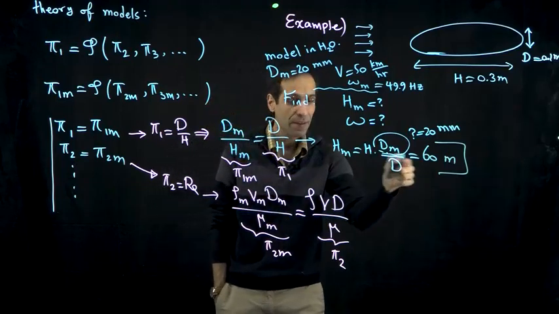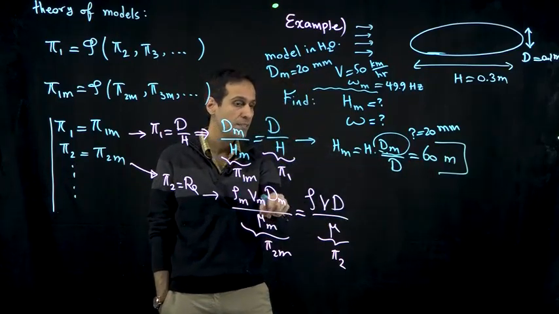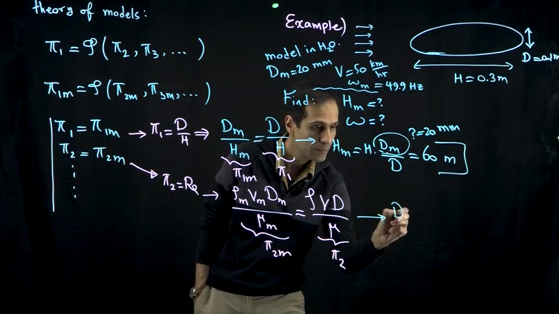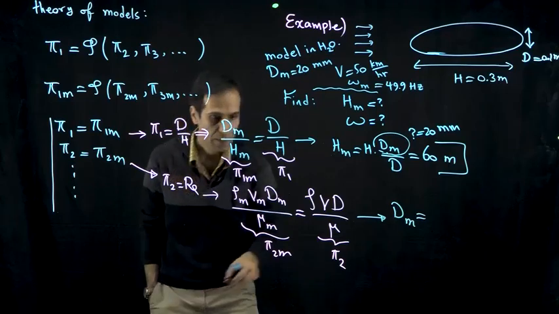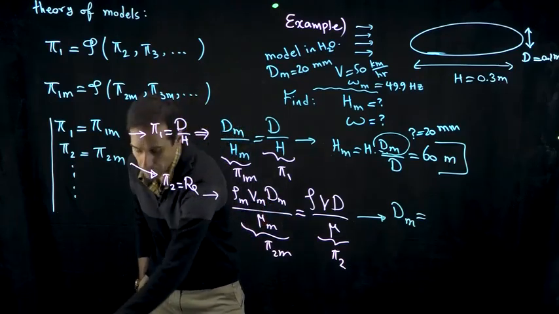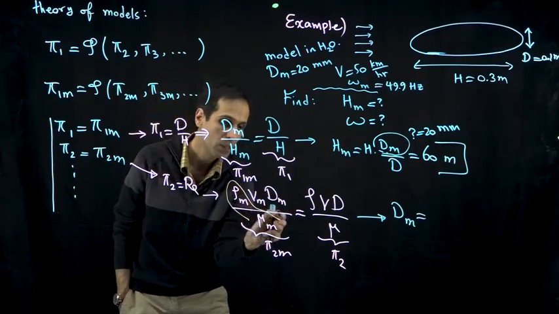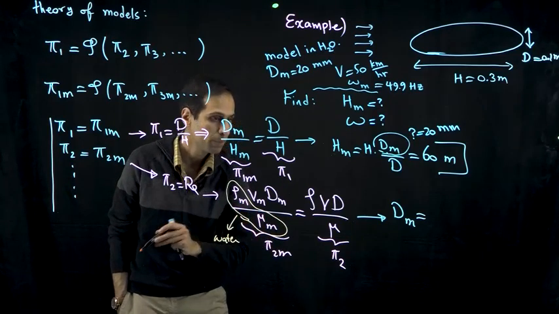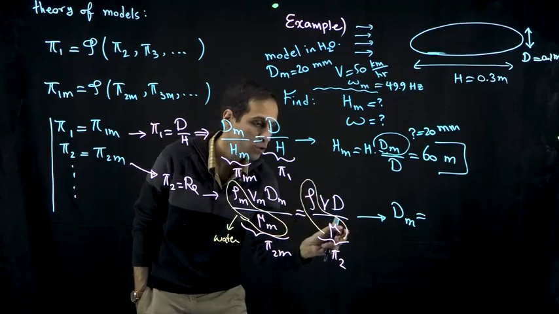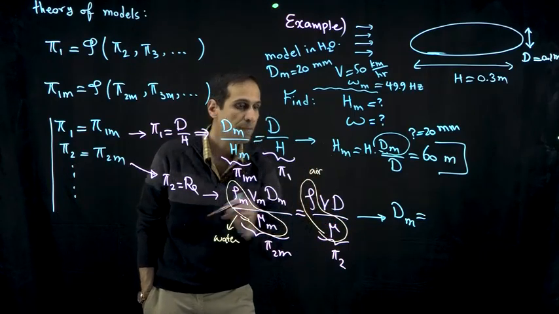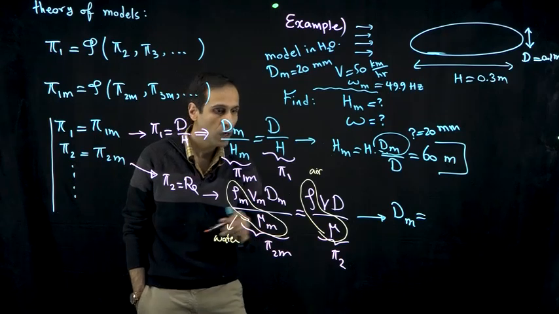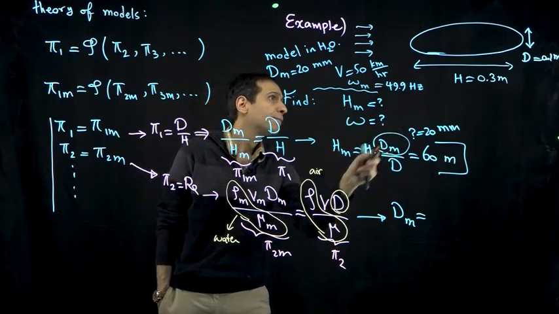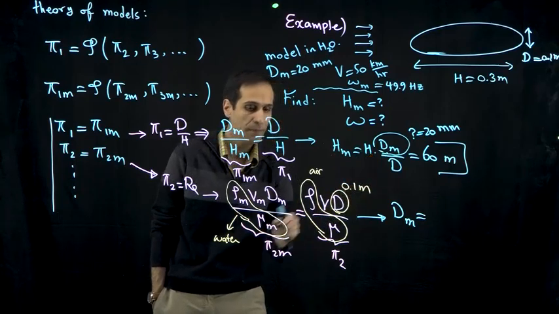And then when I have h of model, I can use this equation to solve for V of model. Remember, these terms for the model can be obtained from water, and these terms are known from air values. Also, d is given, which is 0.1 meter.